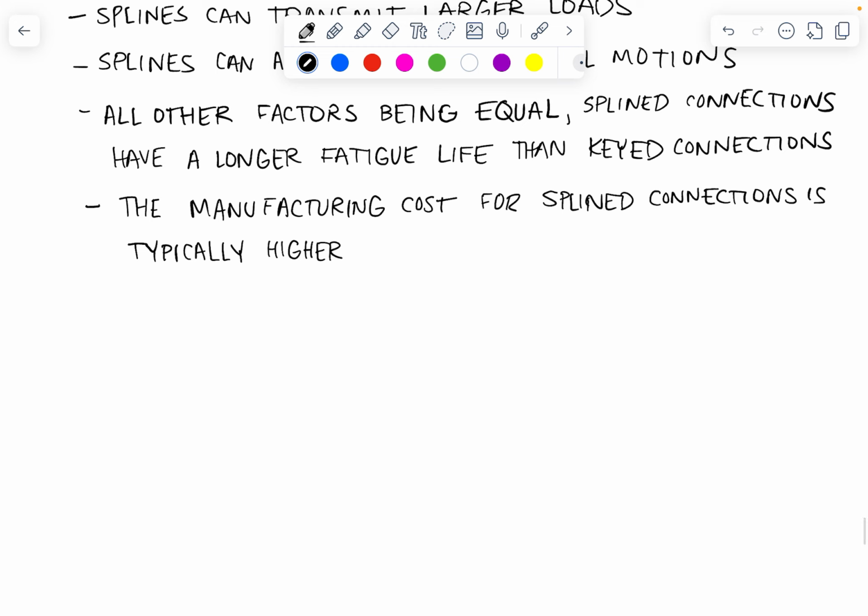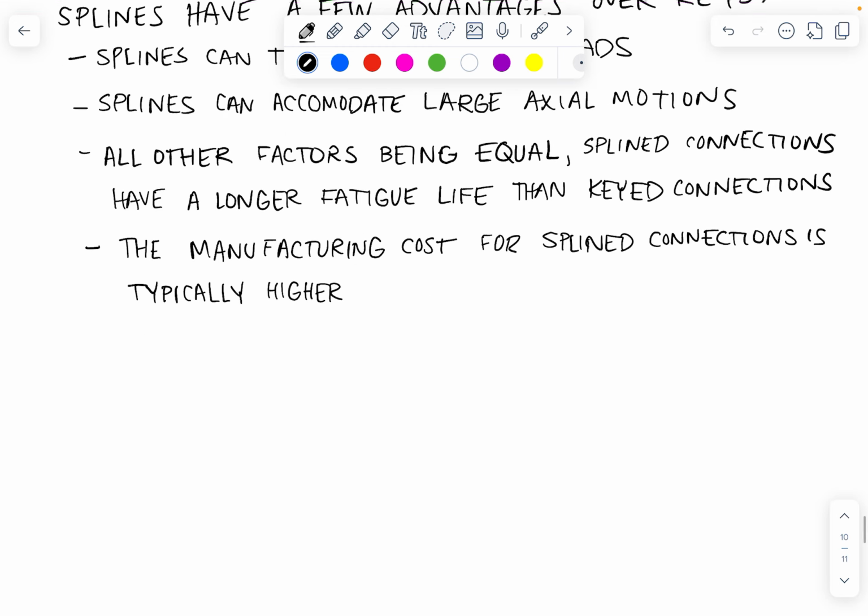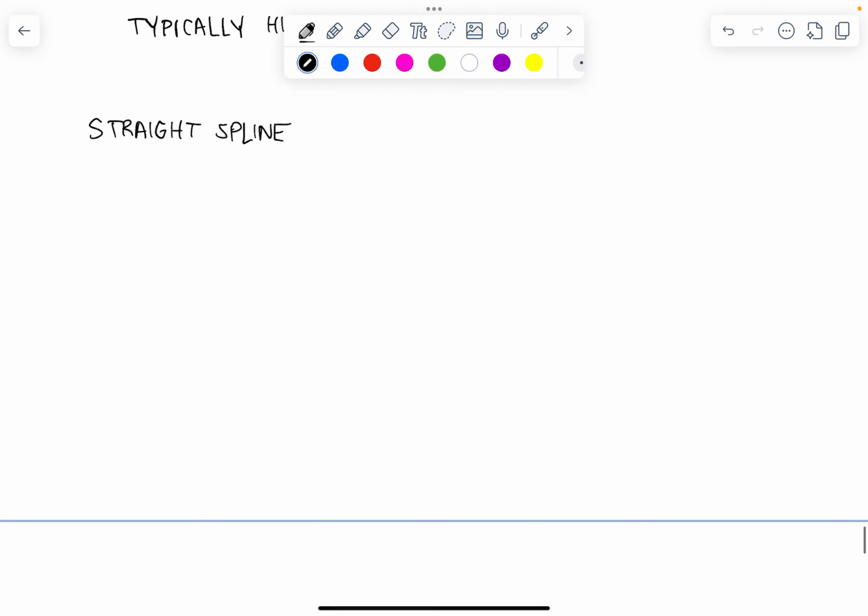Okay, so that's a lot of text about splines, and I still haven't shown you what they actually look like. So let's try to draw it. There are a few different shapes. First, let's go with the straight spline, and this looks the most like a keyed connection.